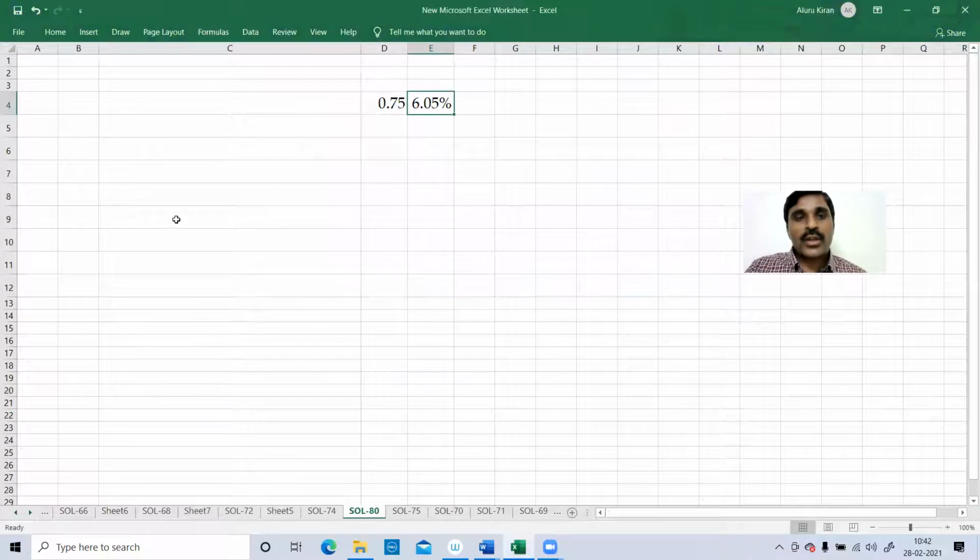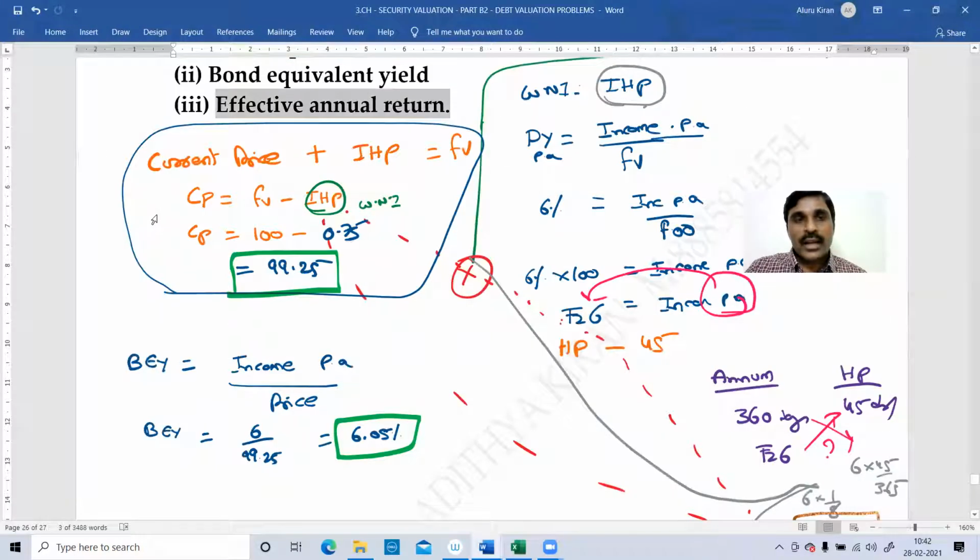Effective annual return: money market instruments or short-term instruments have a duration of less than 1 year, say 45 days or 90 days. Therefore I cannot hold one money market instrument throughout the year.